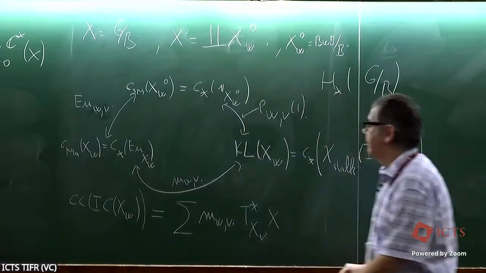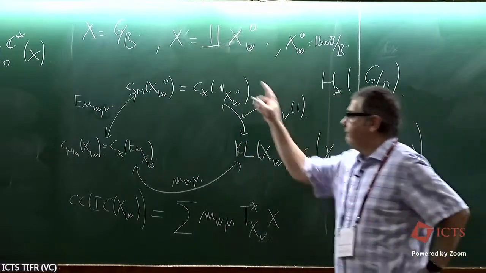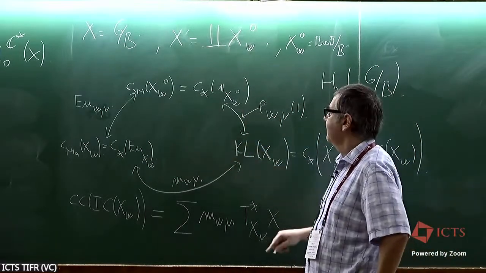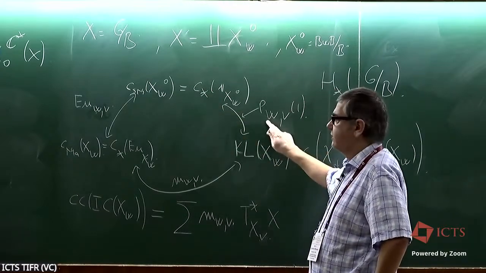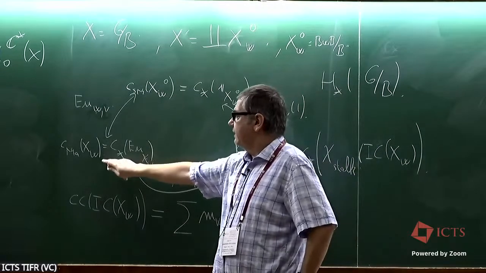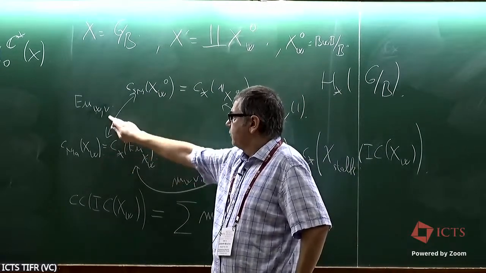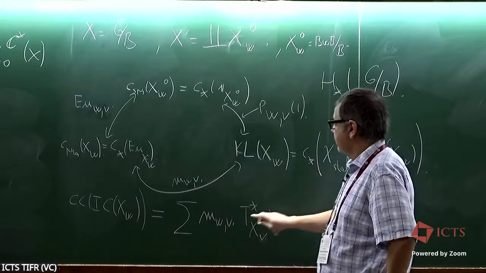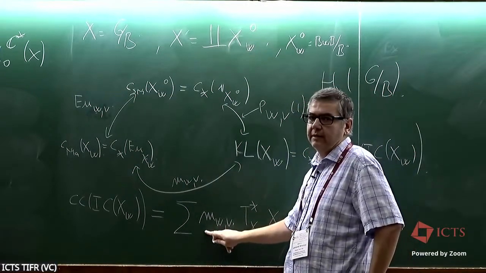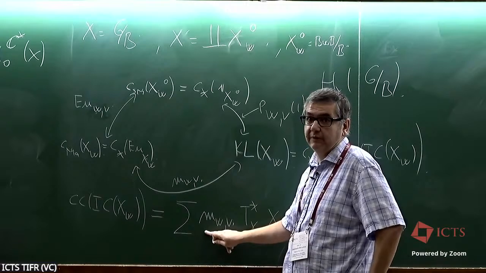So in this diagram here, everything talks to each other, right? The CSM class and the Kazhdan-Lusztig class talk via the Kazhdan-Lusztig theory. The CSM class and the mother class talk through the local Euler obstruction. The mother class and the Kazhdan-Lusztig class talk through these multiplicities of the decomposition into irreducible components of the characteristic cycle.